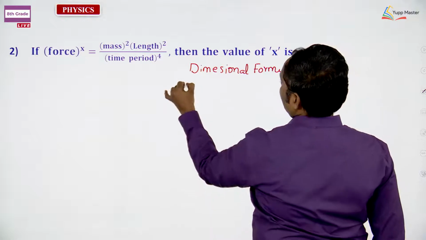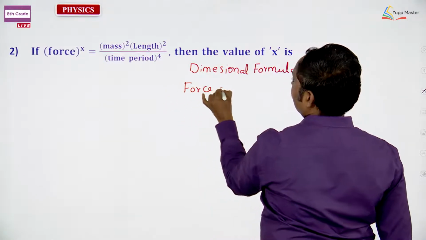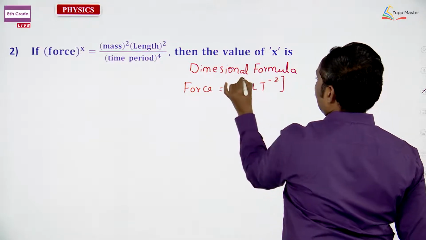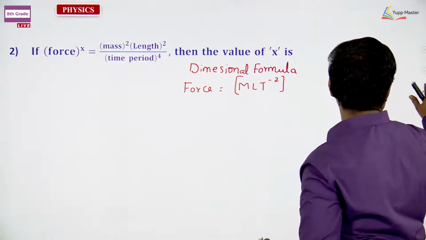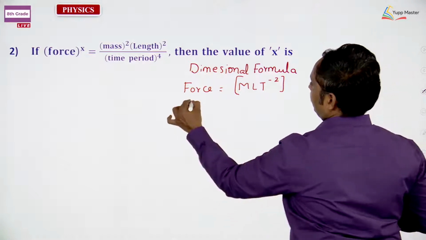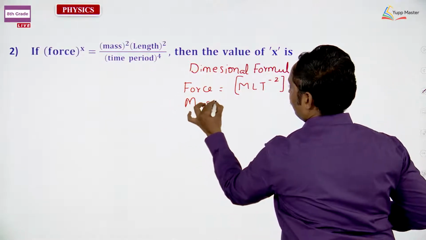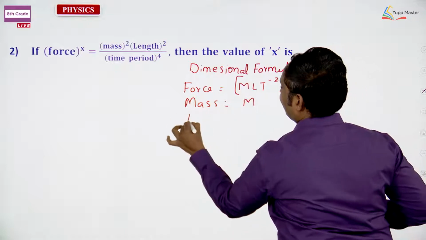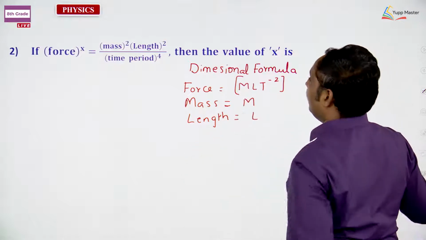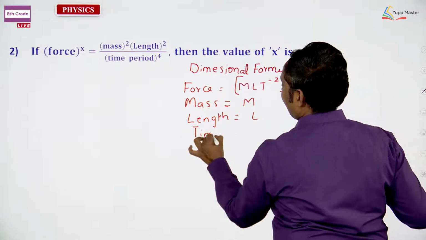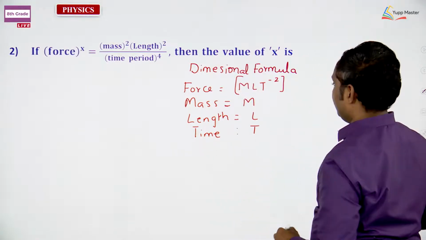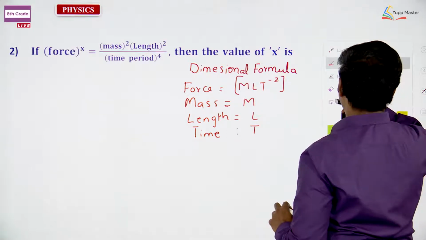For force, you can take that force is equal to mLT minus 2. Yes, and it is going to be identified that for mass you can take m, for length you can take L, and for time, time period, we can take T. These are all the relations we have.